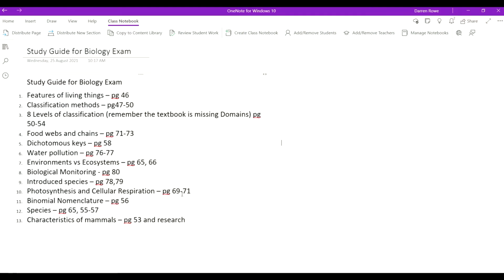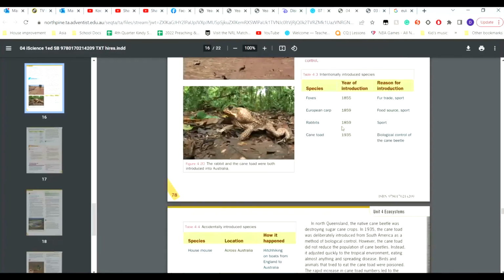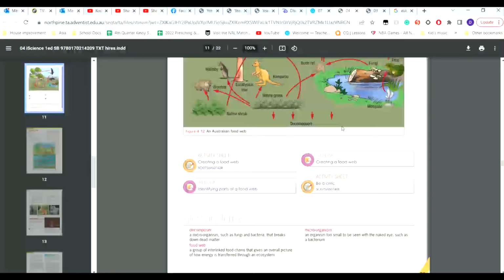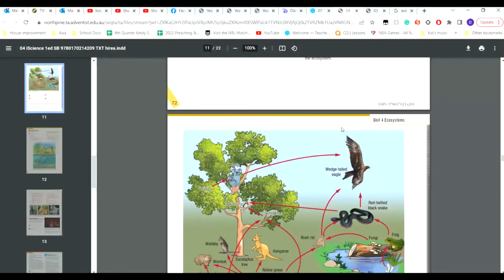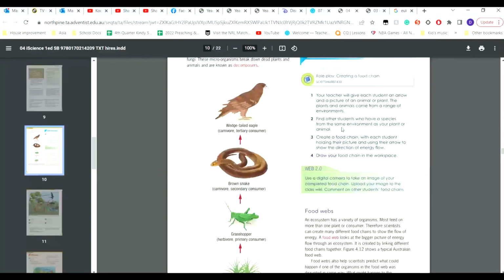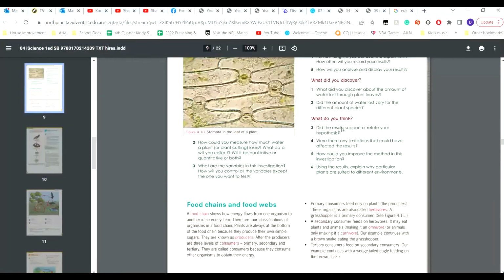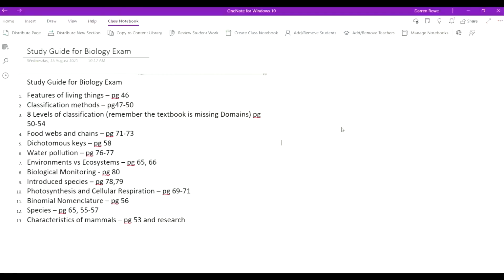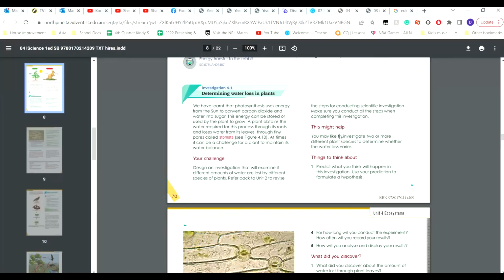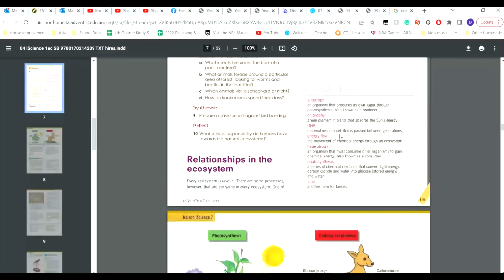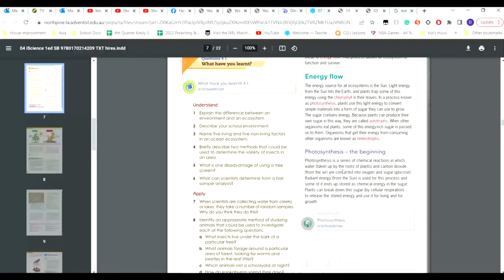Photosynthesis and cellular respiration. So we talked about cellular respiration, and we said how it's the breaking down of the sugar so we can actually get the energy out of it. Well, in short summary. But what's this page? 69. Photosynthesis from the beginning. You do need to understand that. I'm pretty sure everyone has a pretty basic understanding of what photosynthesis is. We've been talking about it since year 2 or earlier, and many times since then.